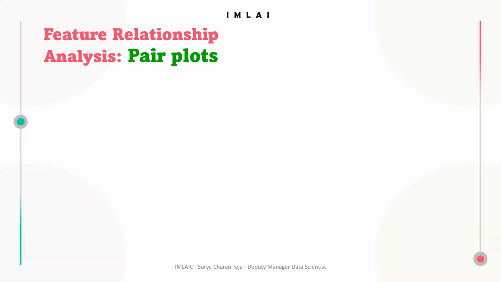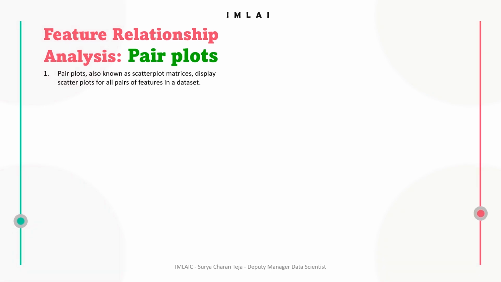But is this really practical if you have plenty of variables and you want to understand the relationship between two variables? Is it actually practical using just a scatter plot? Maybe not. That's the reason you have pair plots. Pair plots, also known as scatter plot matrices, remember the name.